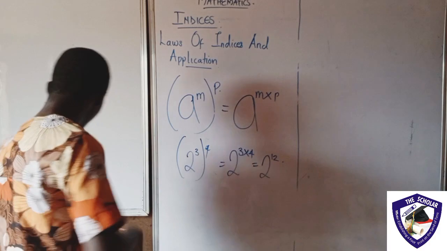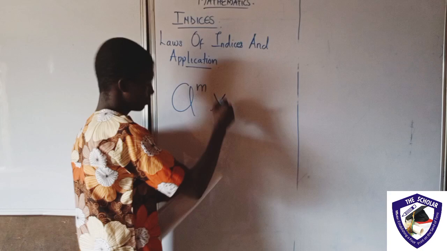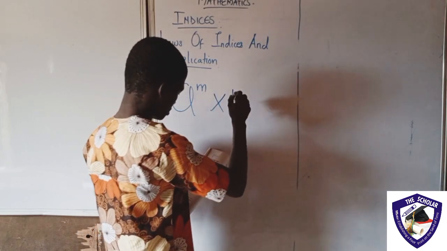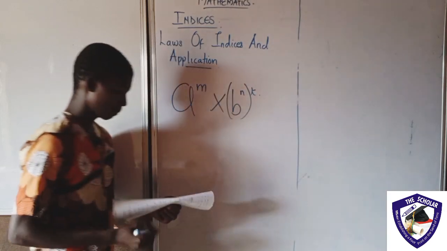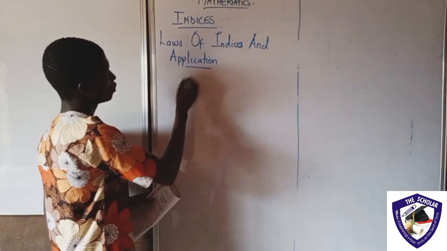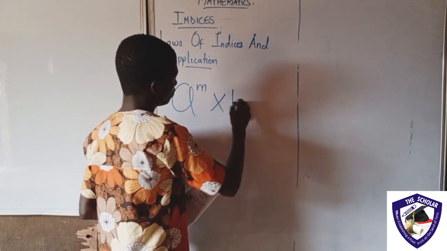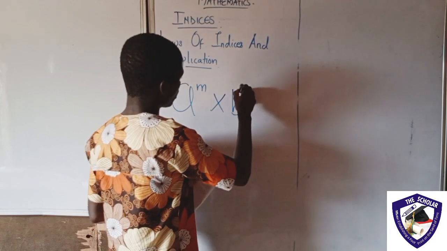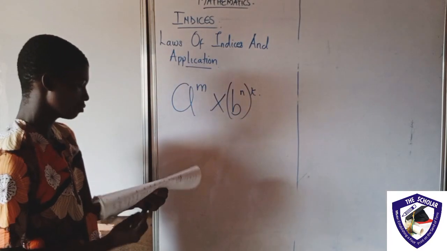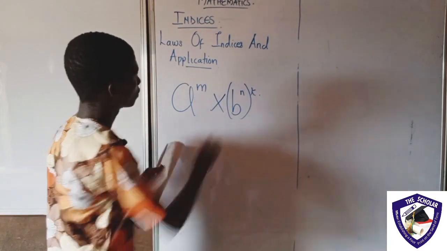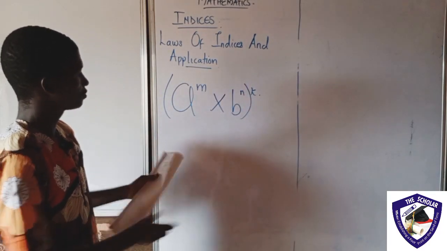Now let us take the third law of indices. You have a raised to power m times b raised to power n, in a bracket, all raised to power k. Now, take a look at this.